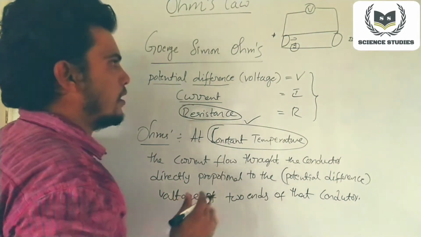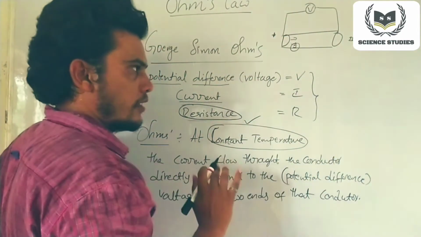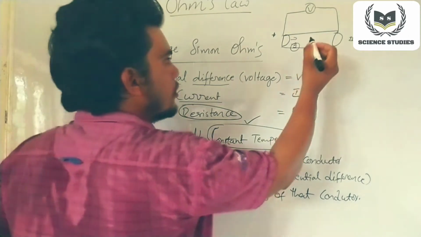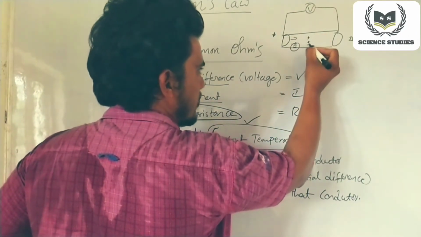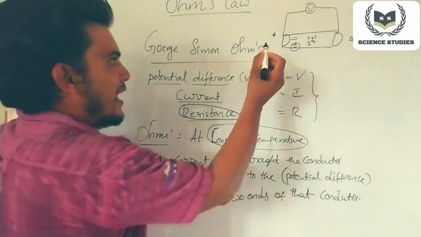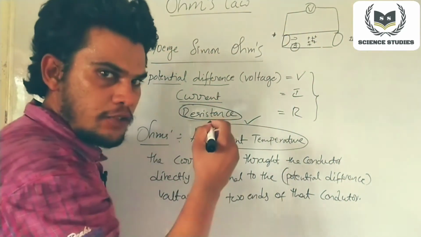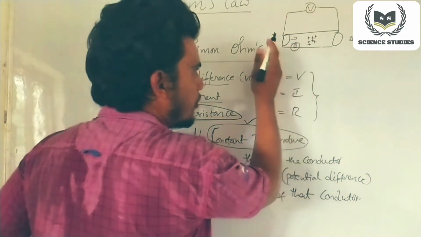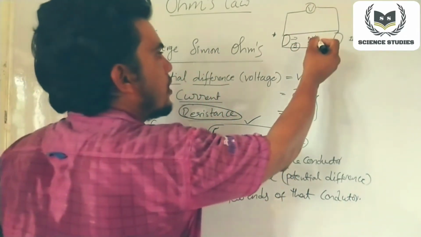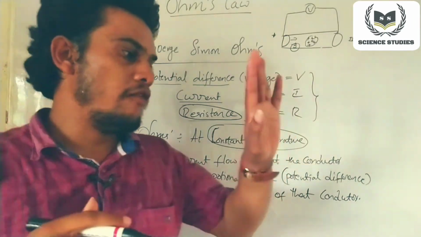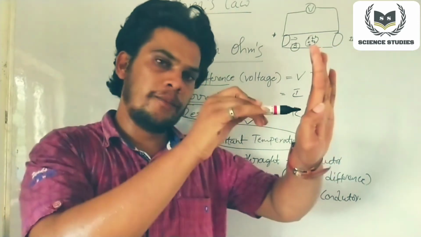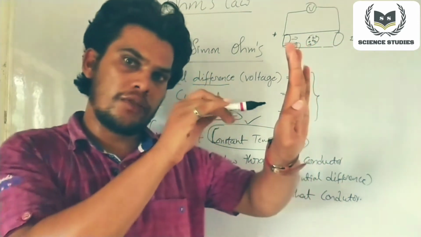Then look here. These electrons are flowing continuously. While the electrons are flowing from point A to B, due to the obstruction of some positive charges, the electrons collide with these positive charges, that is, protons.